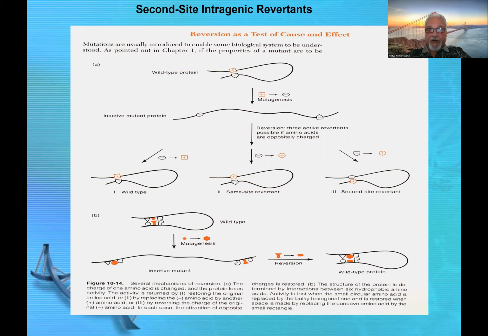Okay, so let us first consider the second mutation in the same gene. So for example, if this is the wild type protein, and this functional structure is because of the presence of a positively charged amino acid here and a negatively charged amino acid here.